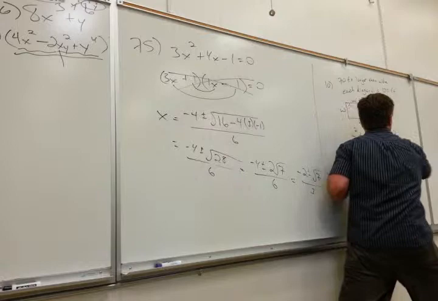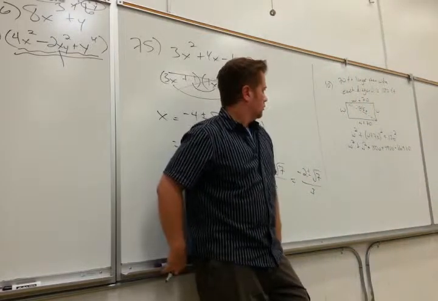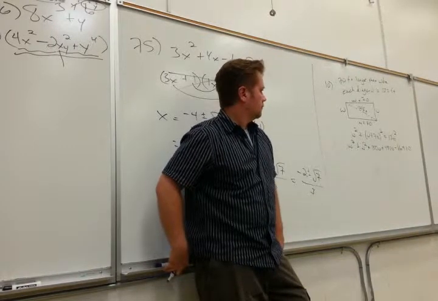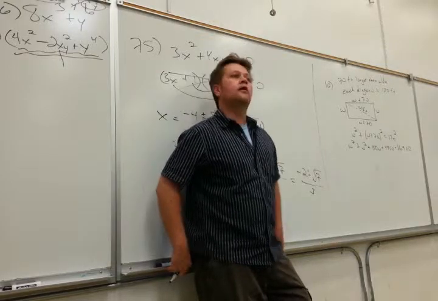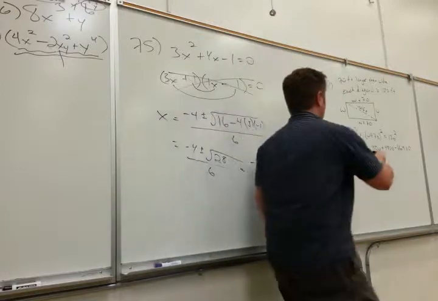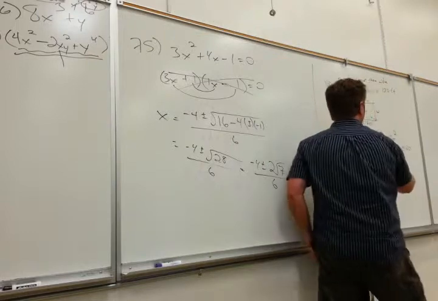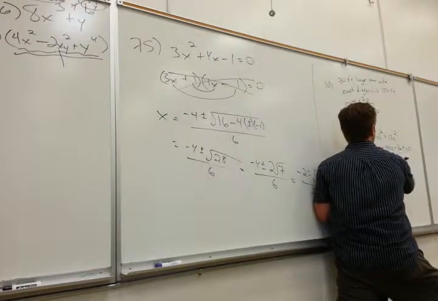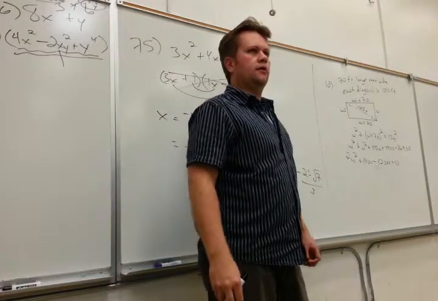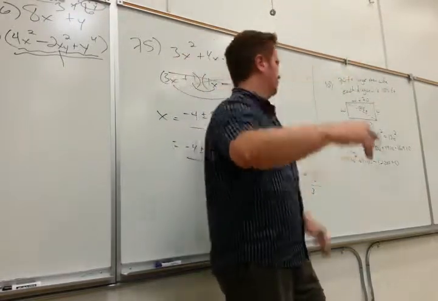And what's 130 squared? 16,900. Get everything on one side. Combine like terms. Divide 2 away. The 0 will eat that up.